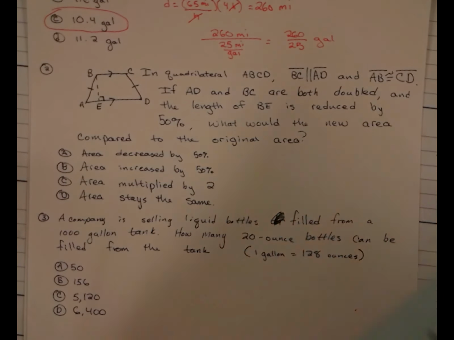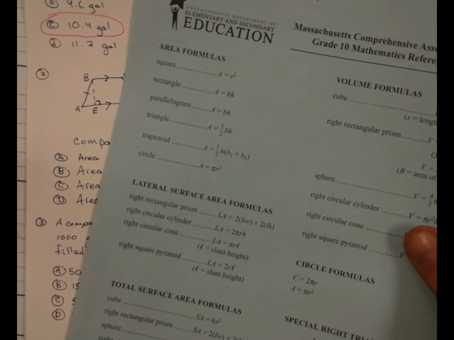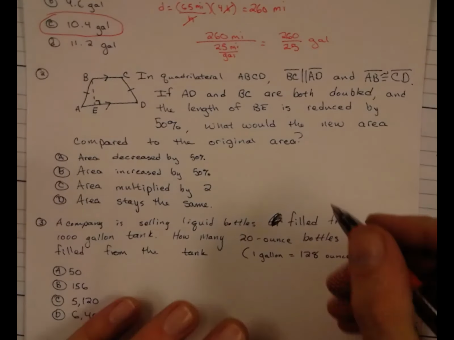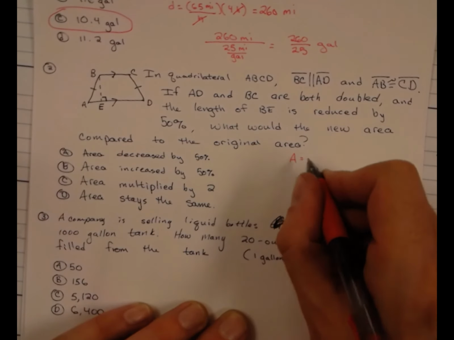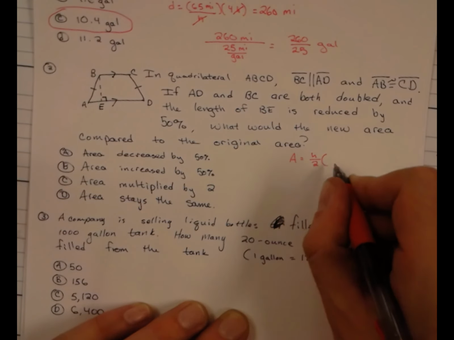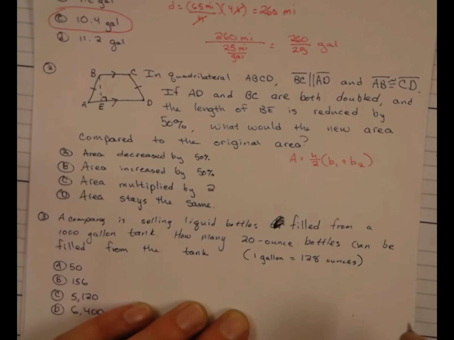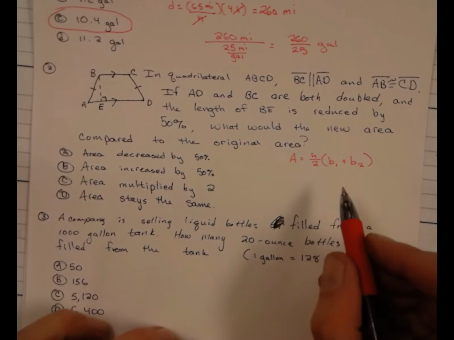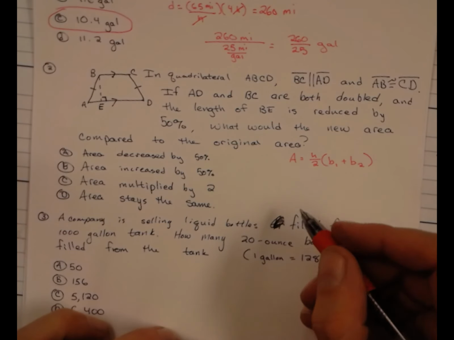Well, the trapezoid area formula is on the formula sheet. So area equals H over 2 times B1 plus B2. Okay, but we don't know what these heights are.